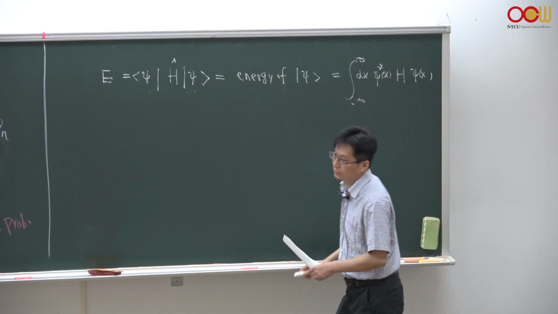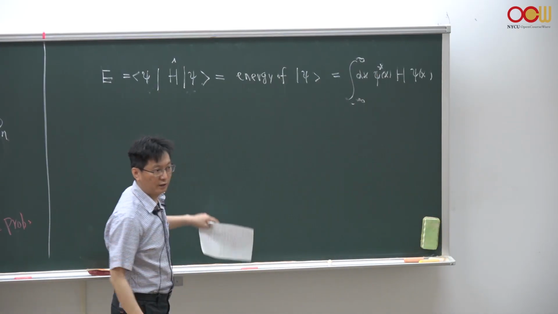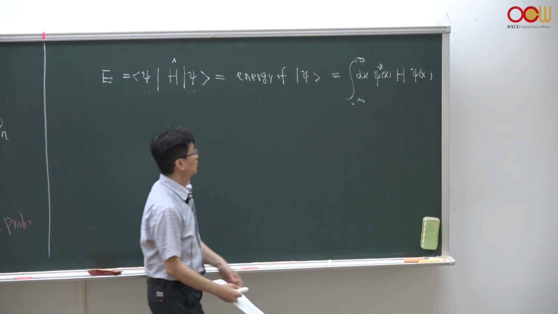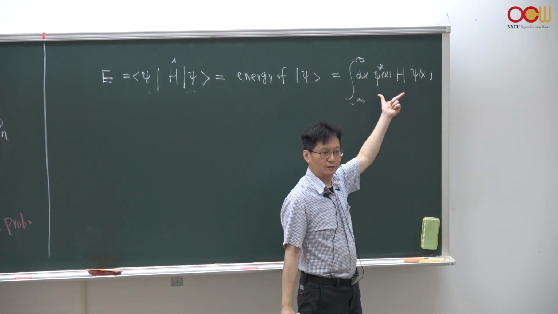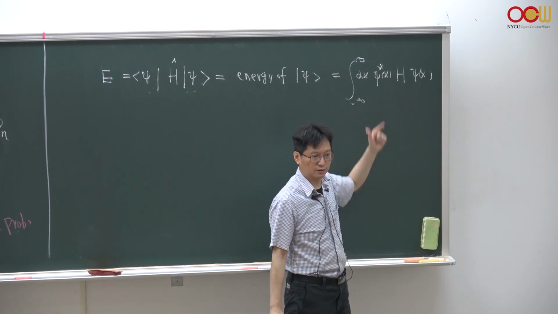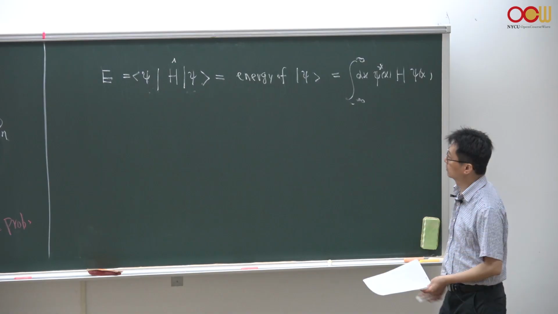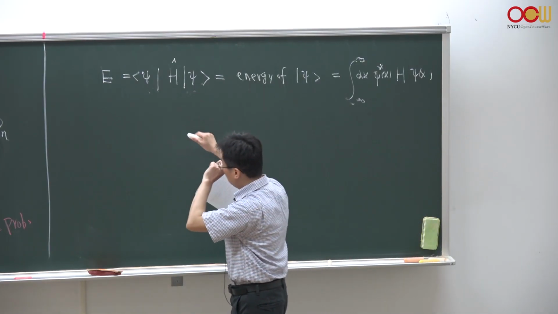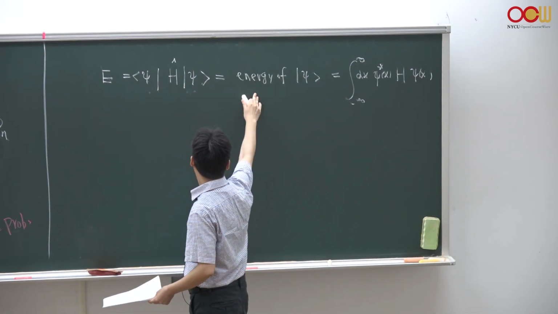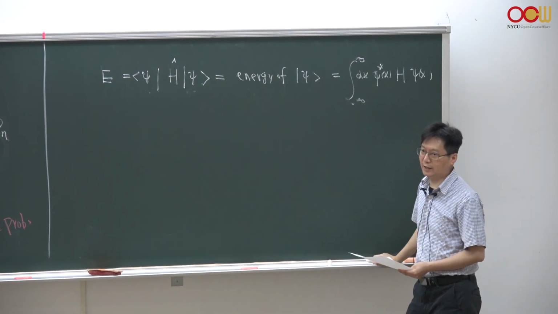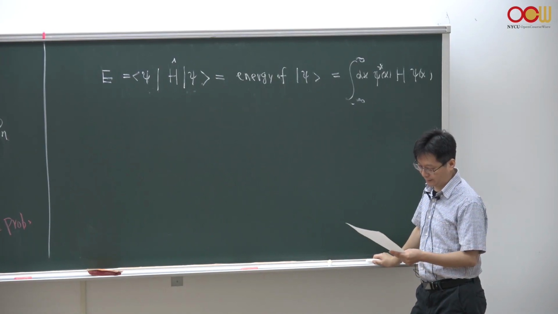If we simply consider this psi as the Schrödinger wave function, this is, by definition, the expectation value of the Hamiltonian. But you could also understand this in Dirac notation, meaning this is the expectation value of a Dirac ket, or the energy of a Dirac ket.